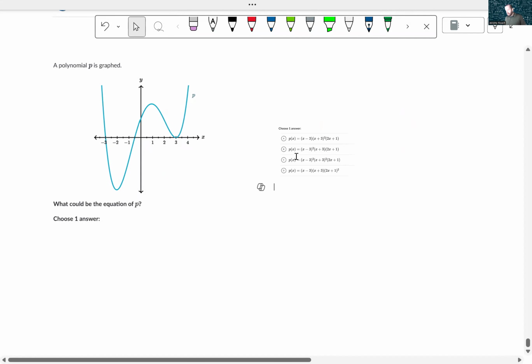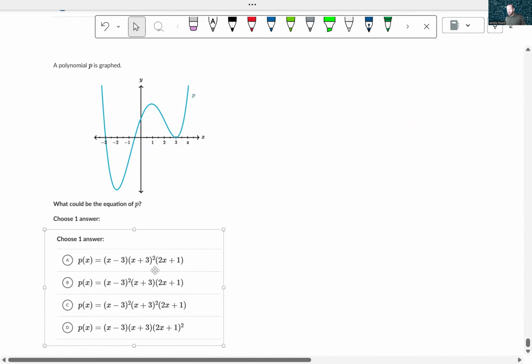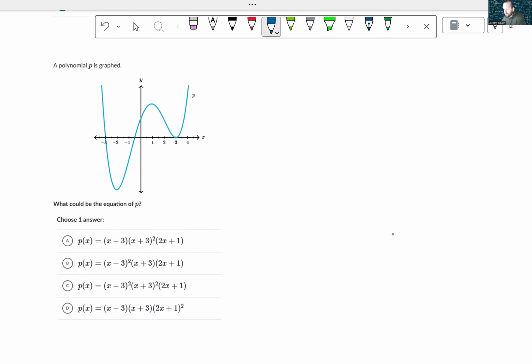Okay. Now it says which could be an equation, that means maybe the graph isn't exactly like this, but we're just looking at the x-axis. We're looking at the x-intercepts. So our first x-intercept is at x equals -3.